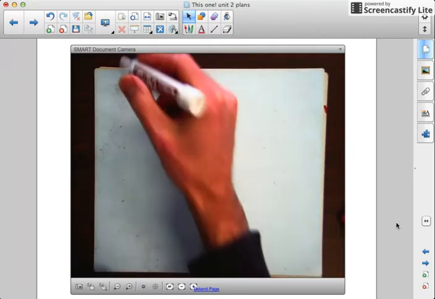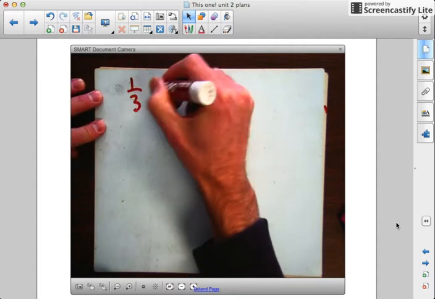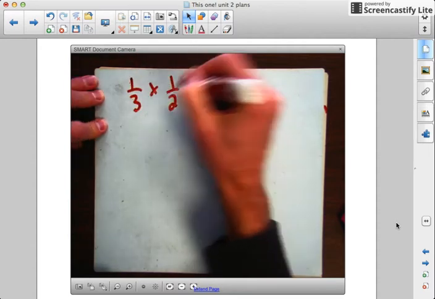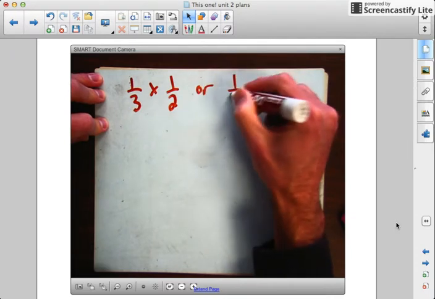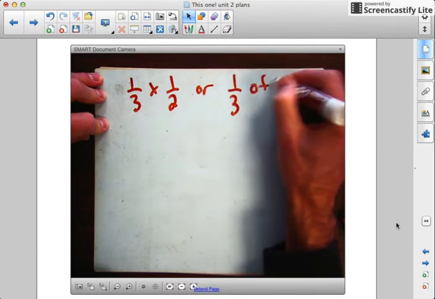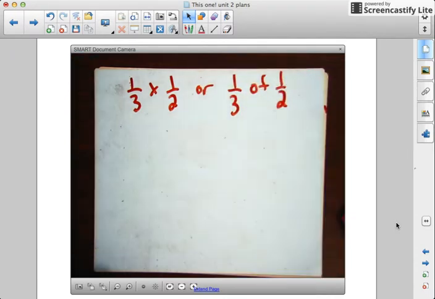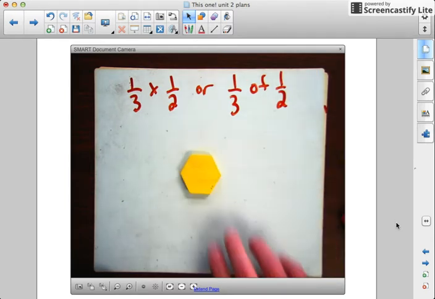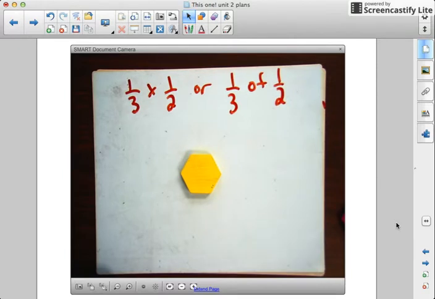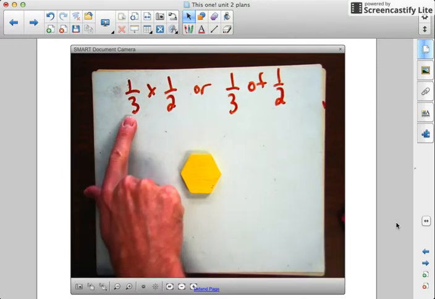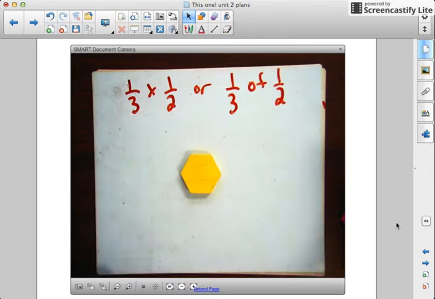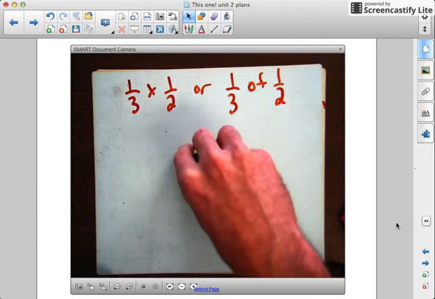So 1/2 of 4/6 is 2/6, or 1/3. Let's do 1/3 times 1/2. Or I want 1/3 of the group of 1/2. So I start with a half. That's 1/2 of the whole. So what I need to do is split it into groups of the first denominator, or the bottom of the first fraction. So if I get into groups of 3, it'll be good.